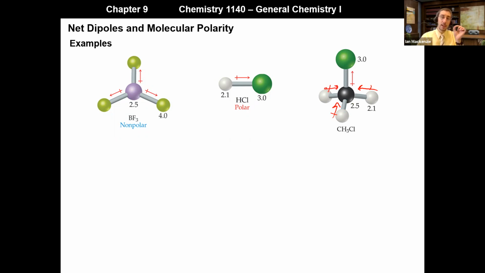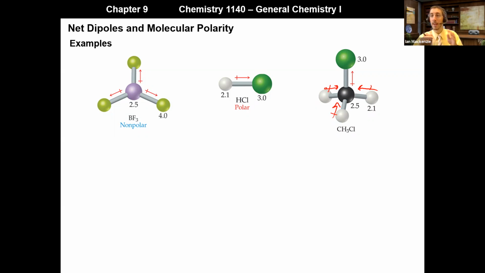But the electronegativity difference between carbon and hydrogen is less than 0.5, so those are all non-polar bonds. And so although they do contribute to the overall net dipole moment, it's really the carbon-chlorine bond, which is exactly at 0.5. We would consider this to be just above the threshold to be polar, or right at that region.